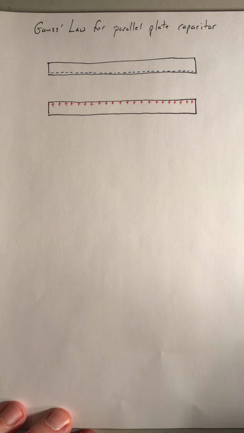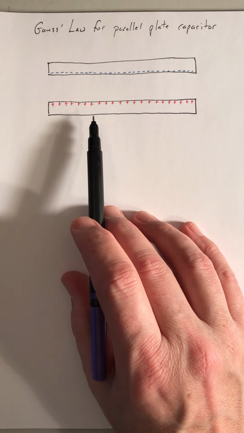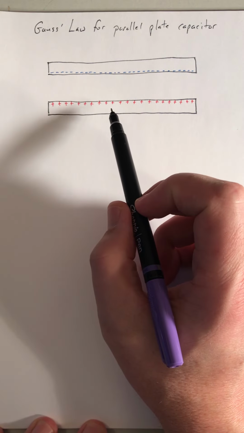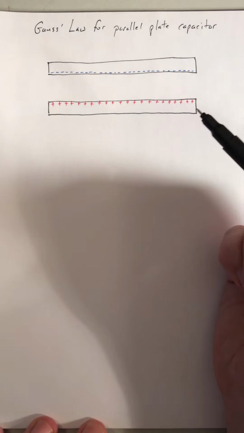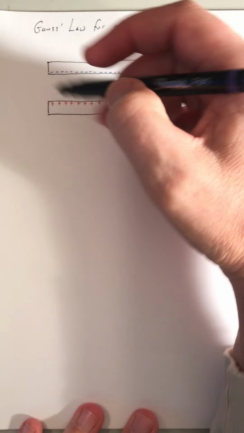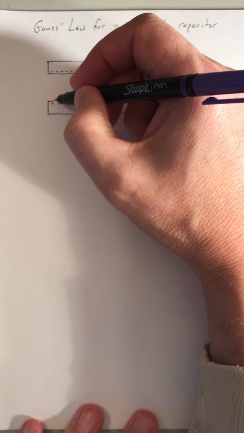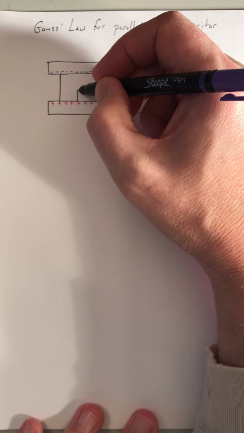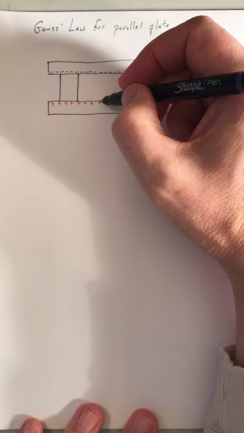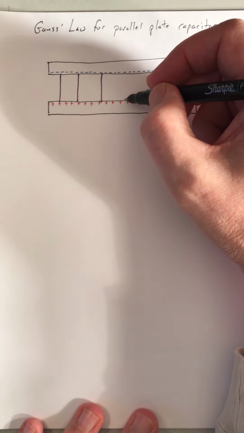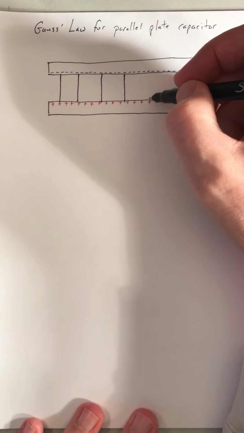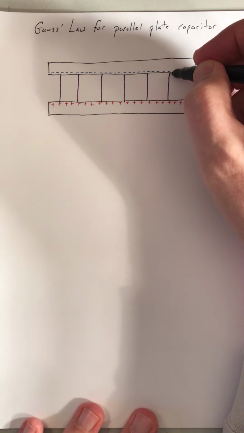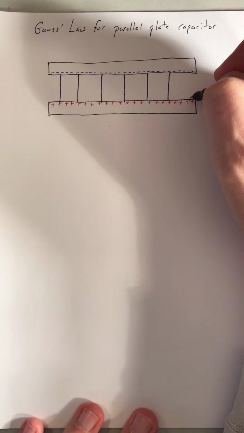For one single infinite sheet, we know that the electric field is going to point perpendicular. So I'm going to have electric field lines that exist in between the two plates of the parallel plate capacitor, uniformly spaced.